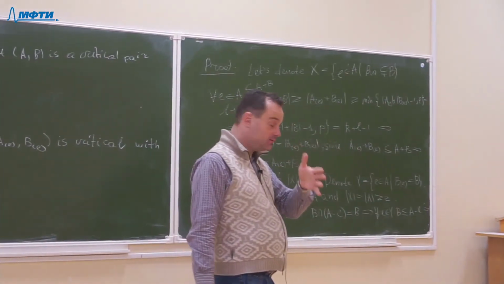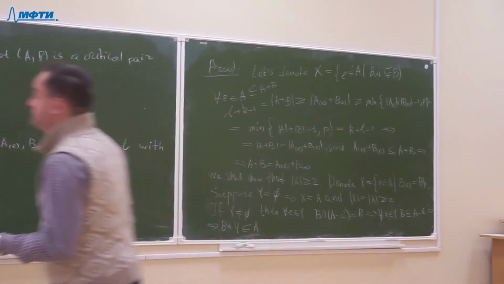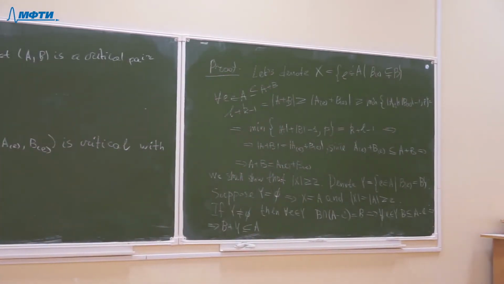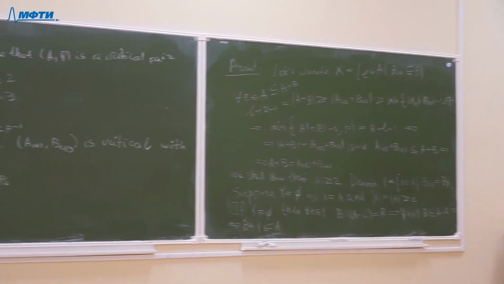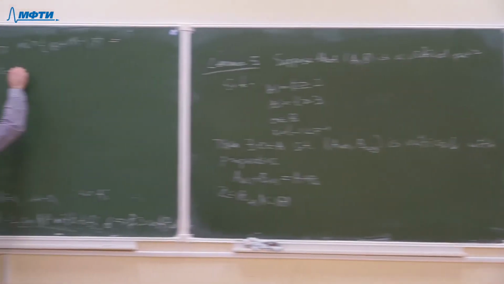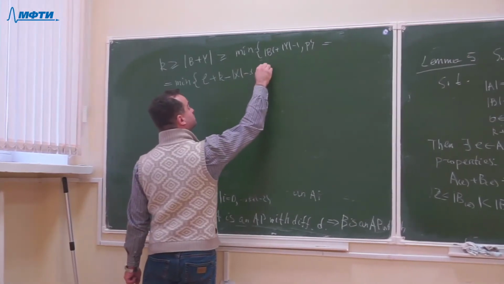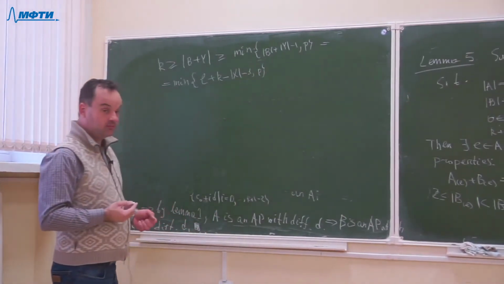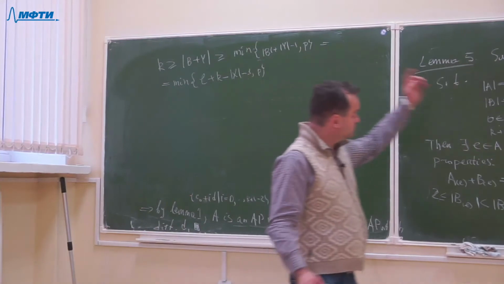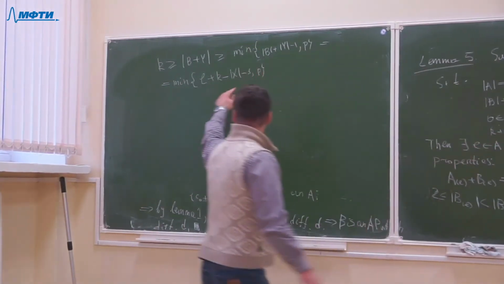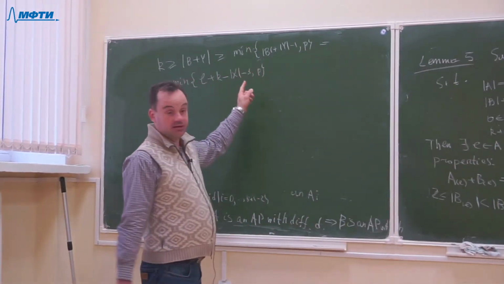So cardinality of Y is K minus cardinality of X minus 1. So by this property, this minimum is attained in here, right?